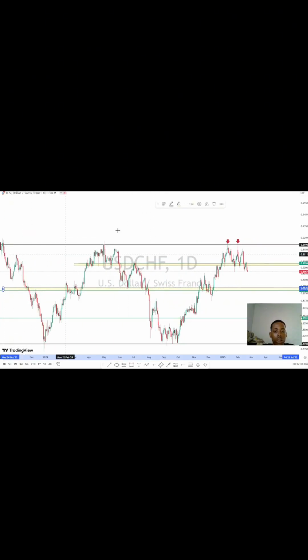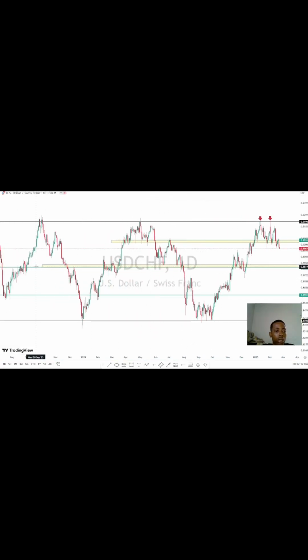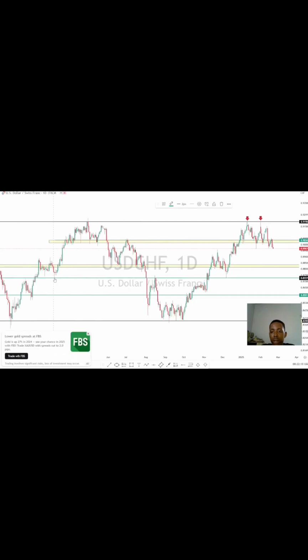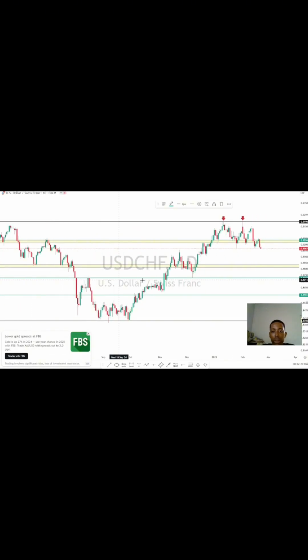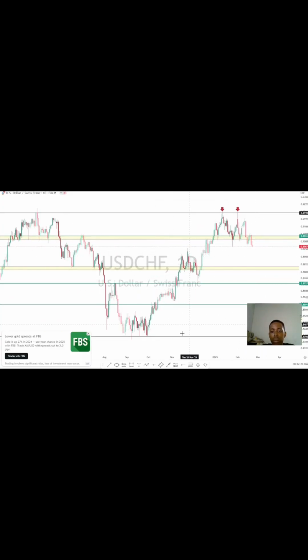And lock. Then I have to take, I can see a level here, and I can see another level at this point.